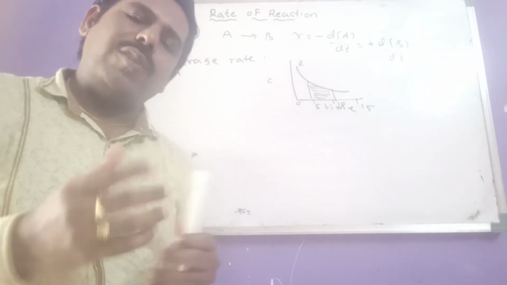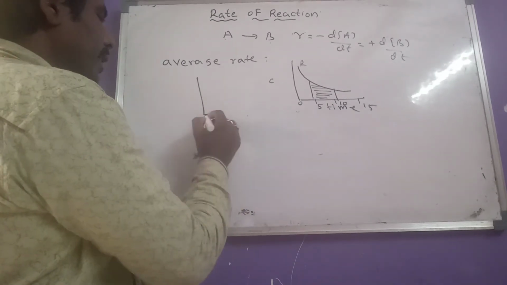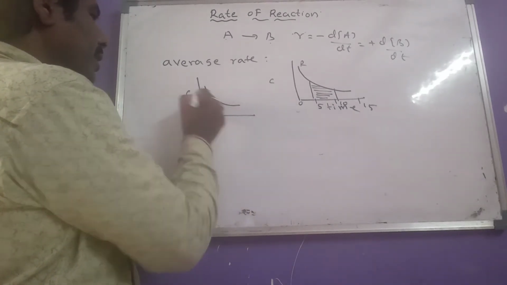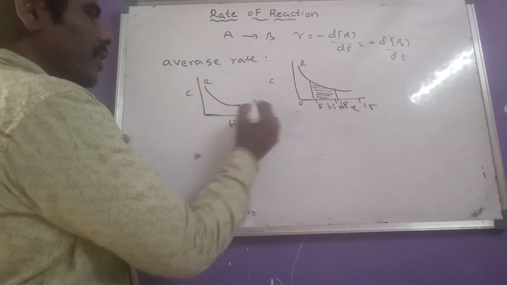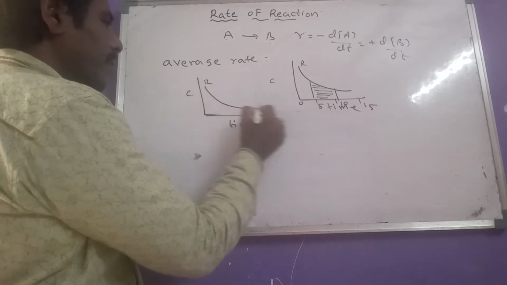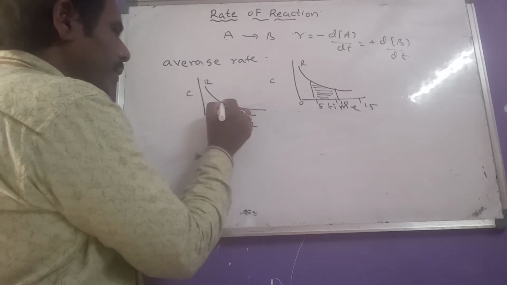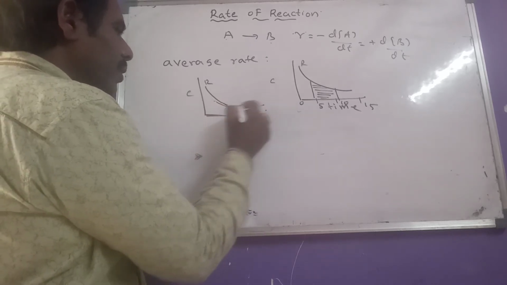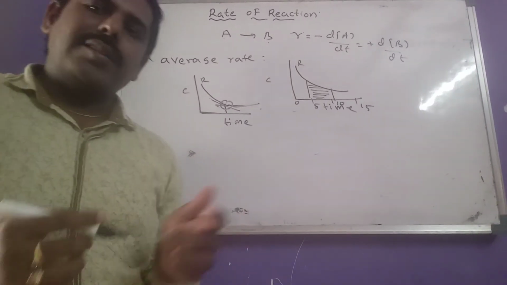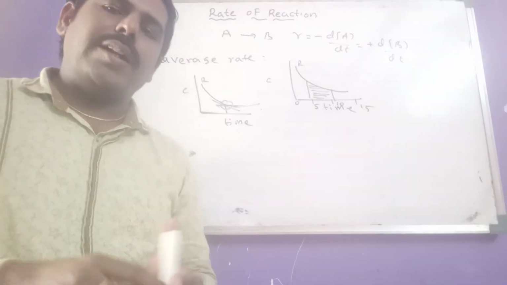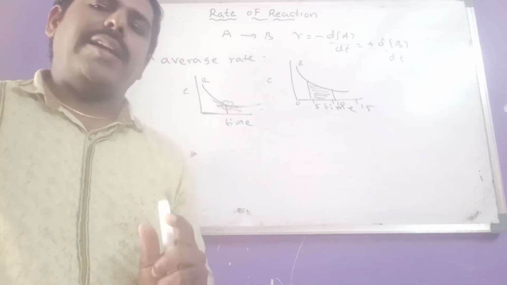Instantaneous rate means what here? At a particular point of time. See here, this is the concentration and time. Reactant concentration decreases as time increases, but at a particular point of time, the change in concentration of reactants or products is known as instantaneous rate.